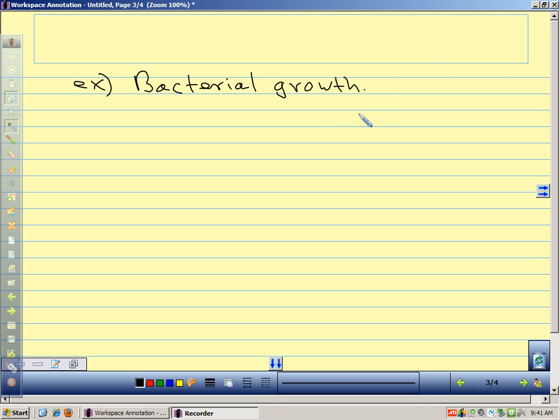And we can model bacterial growth with an exponential model. So our problem says we start our experiment after 2 hours. The population is 256.